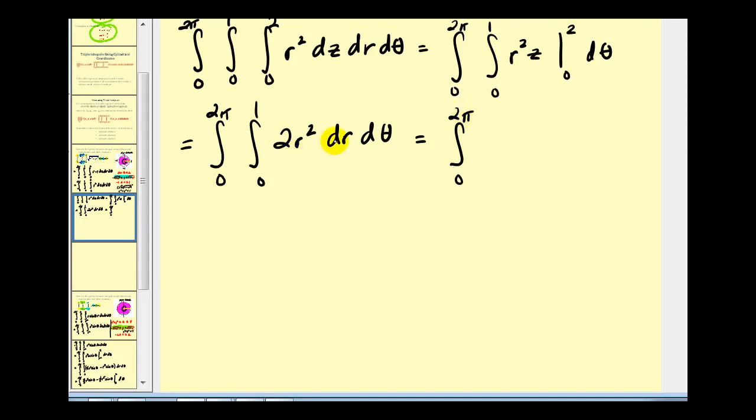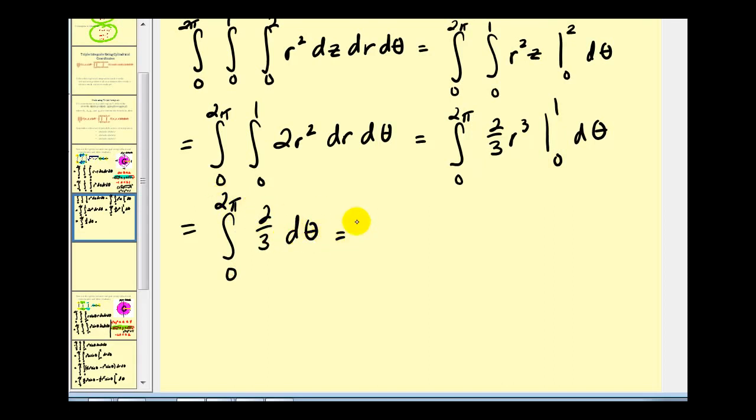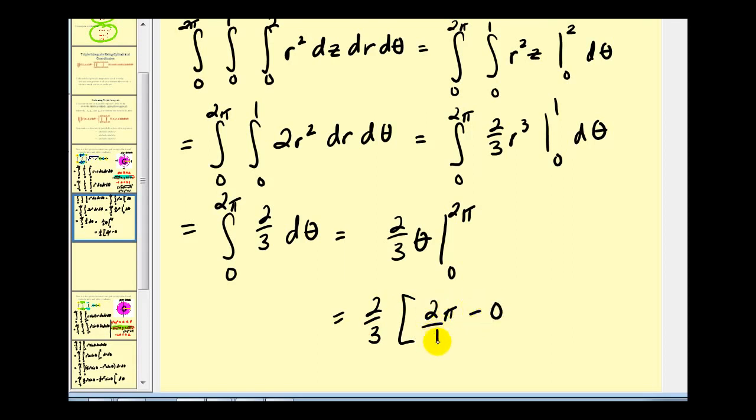We're going to have 2/3 r cubed. Well, when r is equal to 1, we'll have 2/3, and then when r is equal to 0, we'll have 0. So we'll have 2/3 theta, evaluated at 2 pi and 0. Put this over 1. So the result here is going to be 4 pi thirds.